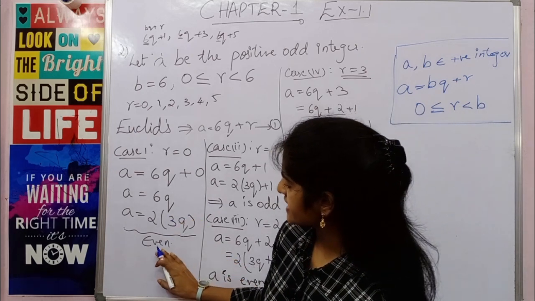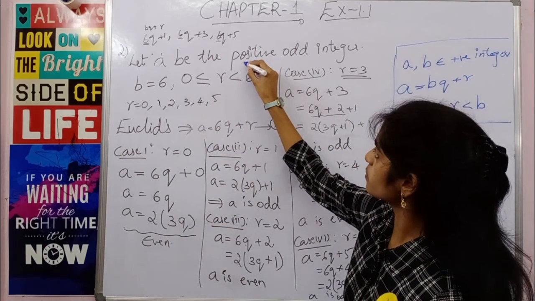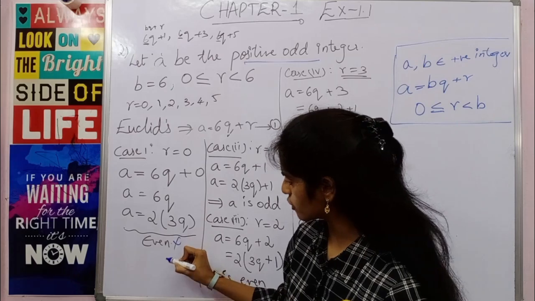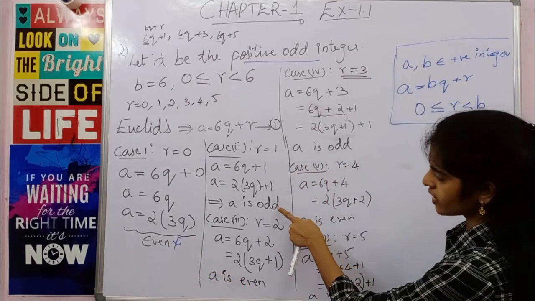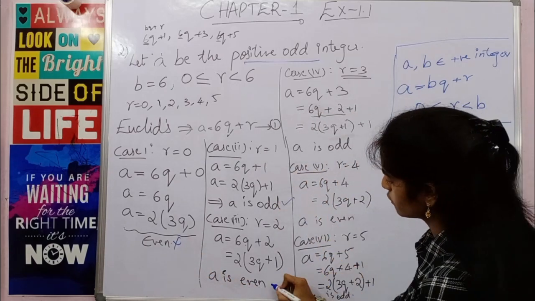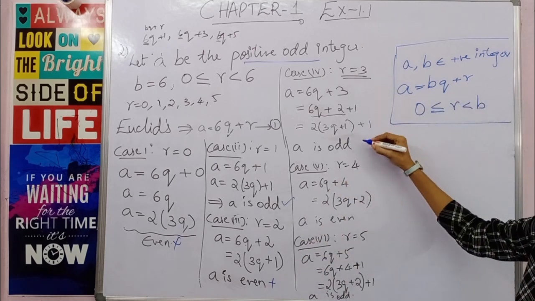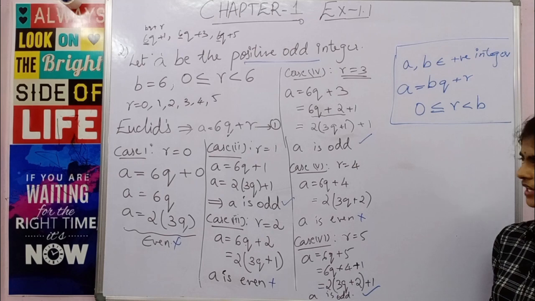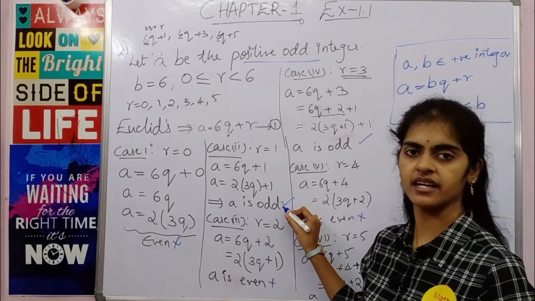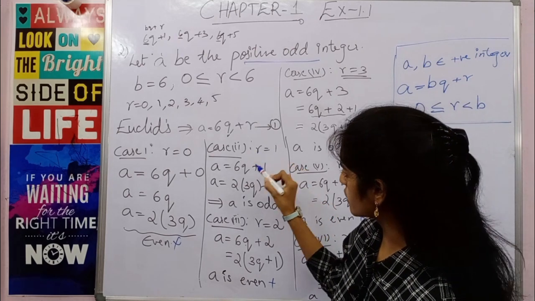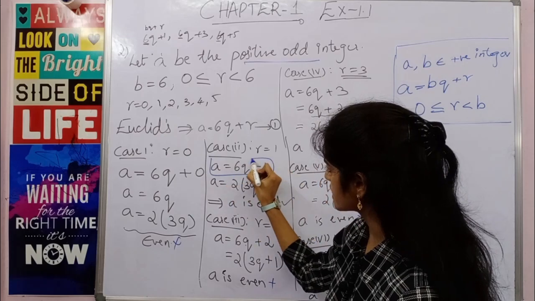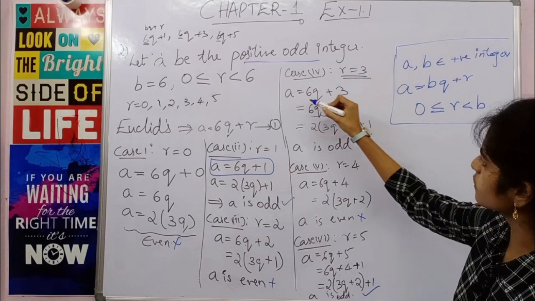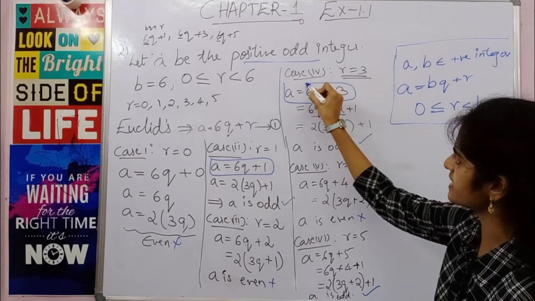Now let us see. Here in first case it is even. What do you want? You want a positive odd integer. So in first case it is even, so you don't want this. Here you have odd, so you want this. You don't want this even. Here in case 4 you have odd, and here you have even, here you have odd. So when did you get an odd number? When you have taken R equal to 1, A was 6q plus 1. And when you have taken R equal to 3, A was 6q plus 3.